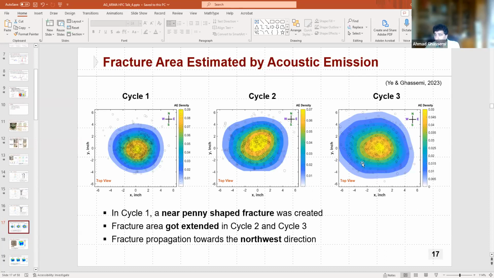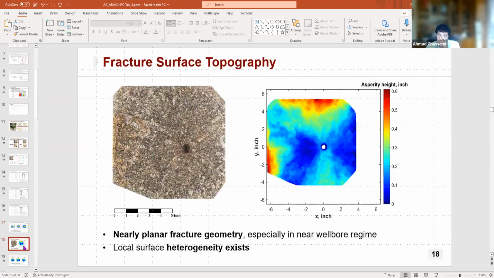But then you see that there's a very good agreement between the AE cloud and the fracture geometry, and this is the retrieved hydraulic fracture actually. And you can see here there is an outline of that initial fracture, which is fairly penny-shaped, and we can see the asperity height that we obtained using a laser profiler, so higher ground here and more flat or smoother surfaces there.